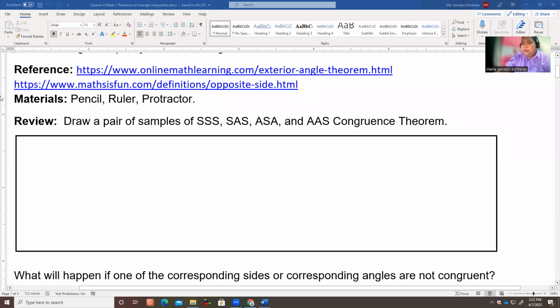So for the review, for our students, we need to draw a pair of samples of the triple S congruence postulate.